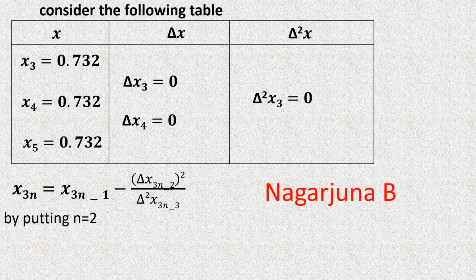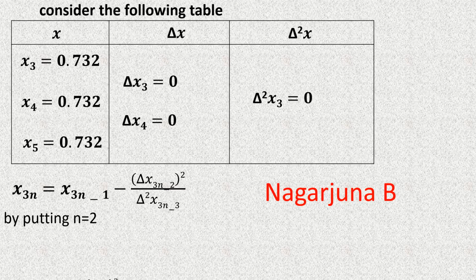So when we write n equal to 2, x3n, 3 into 2, it will be 6. x6 equal to x3n minus 1, that is 6 minus 1, 5. It will be x5 minus delta x3n minus 2. So 6 minus 2, 4. Delta x4 square divided by delta square 6 minus 3 will be equal to 3, that is delta x3.